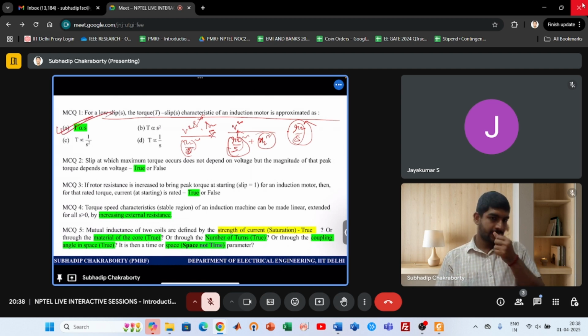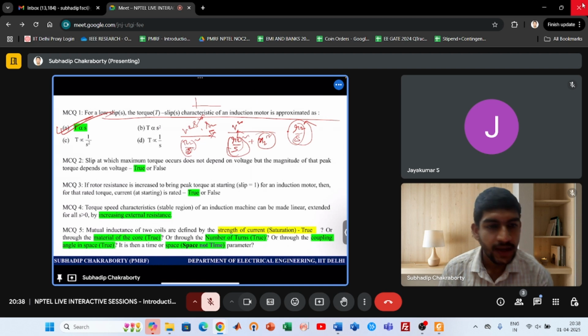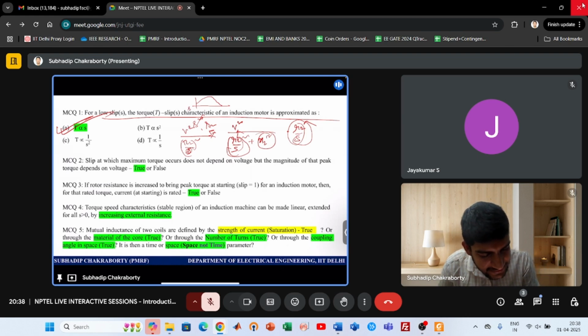So at low slip, it is coming proportional to slip. So how does the torque versus slip characteristic look like? This is high slip, this is low slip, right?